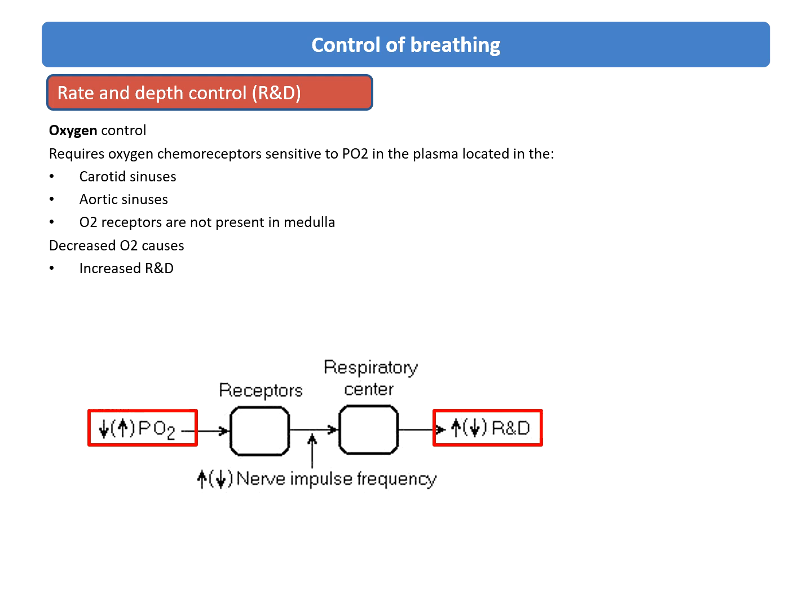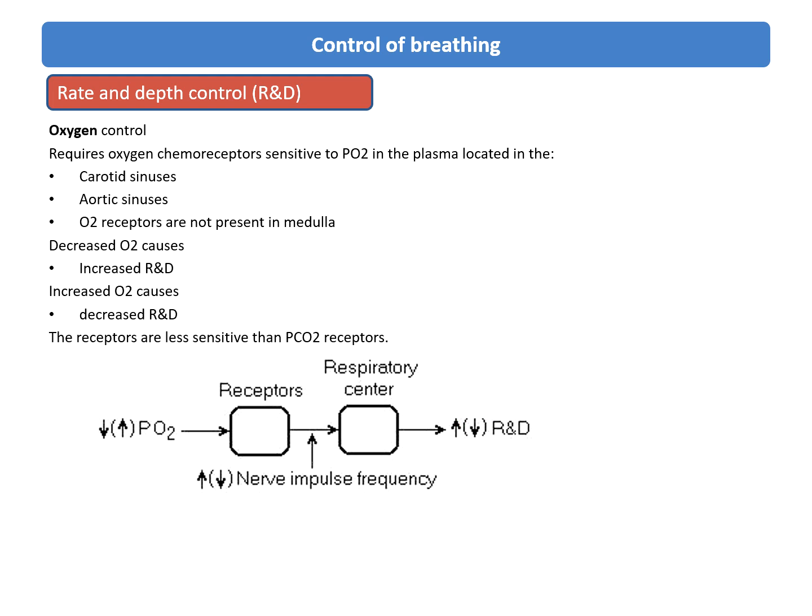Decreased oxygen leads to an increase in rate and depth of breathing. Increased oxygen causes a decrease in rate and depth of breathing. I mention this for a very important reason, as you'll see. The receptors are less sensitive than the carbon dioxide receptors.